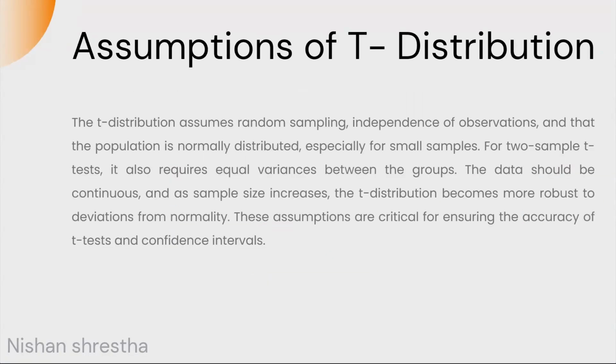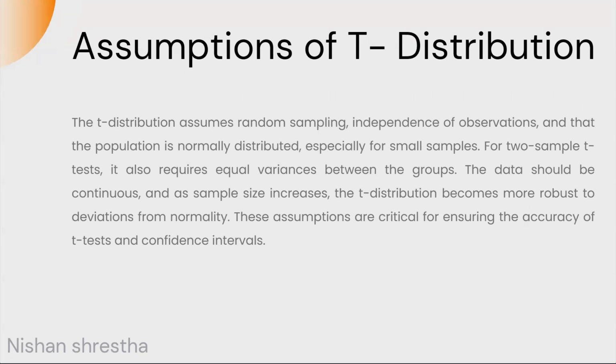Now let's talk about the assumptions of the t distribution. It's important to understand that the t distribution operates under a few key assumptions. First, the sample must be randomly drawn, and the observations should be independent of one another.